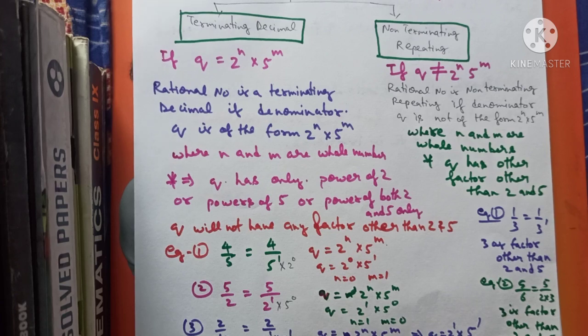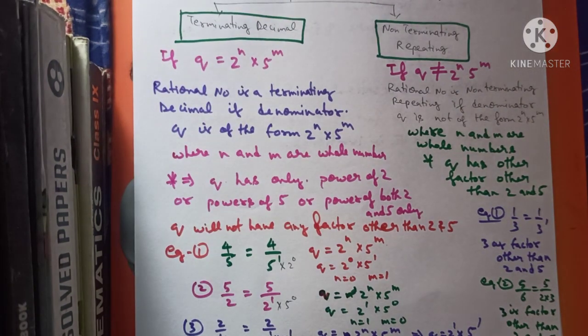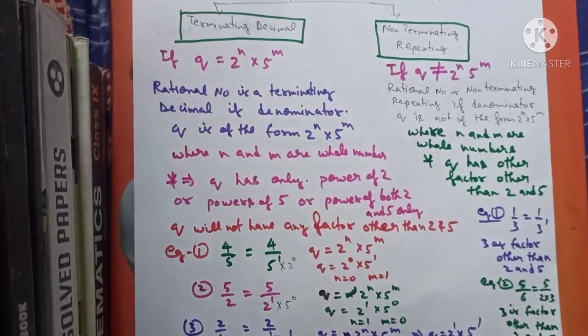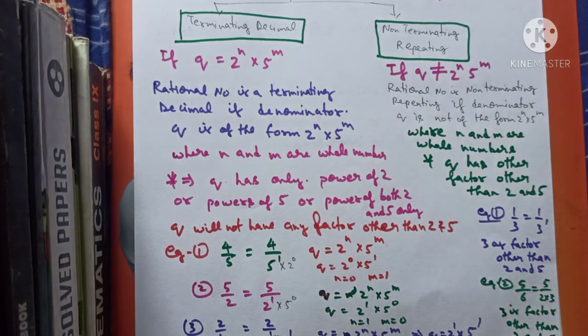It means if in a rational number we have 2 and 5 in the denominator, but it has any other factor also other than 2 and 5, then it will be non-terminating repeating. Or if we have 2 as the factor in the denominator and any other factor other than 2, then also it is non-terminating repeating.